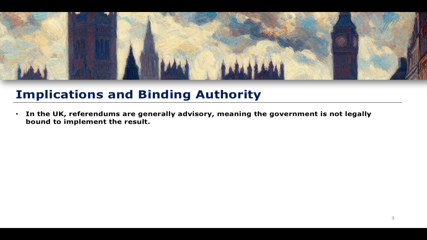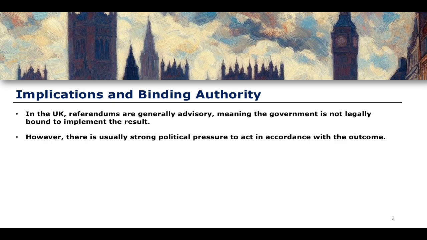Now, it would obviously probably cause a constitutional crisis, given that they would be acting against the will of the people. There might be votes of no confidence, and there might be the removal of that party from power. But in terms of whether or not a court can order the government or Parliament to follow the referendum result, that is not within the remit of the judiciary, given that Parliament is legally sovereign.